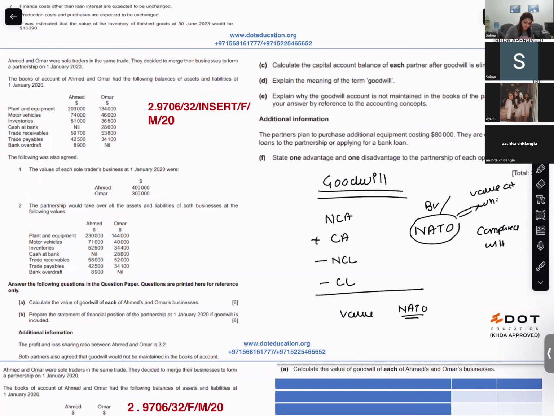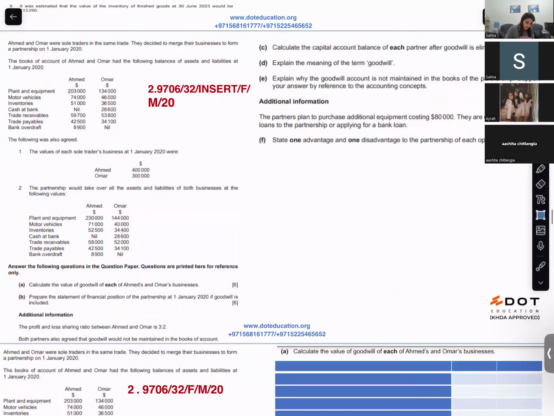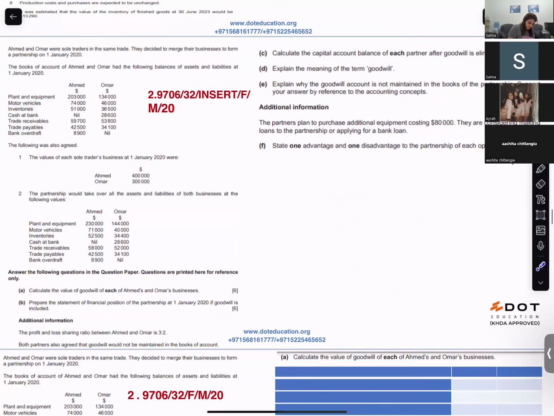If the NATO is, say, for example, 300,000 and you're buying the business for 400,000, what will be the goodwill? 100,000. Okay, 100,000. So you know how to calculate goodwill, right? Ashita, even you know how to calculate goodwill? Okay, fine. Now read the question, please.